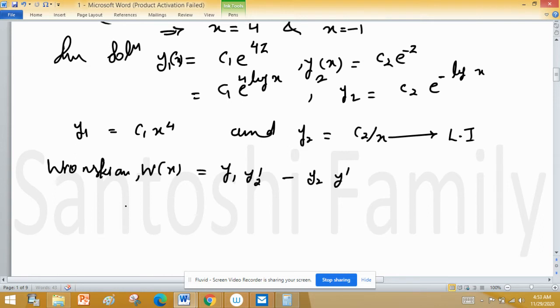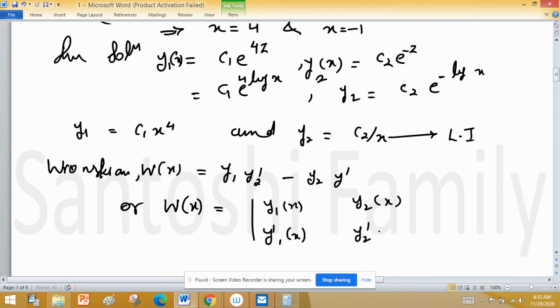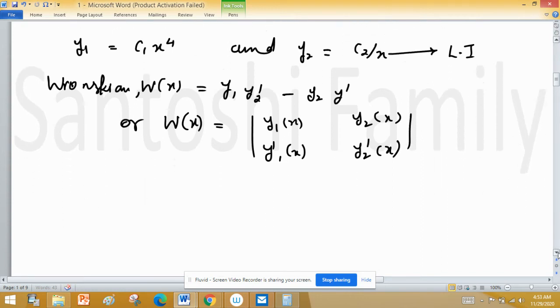This is the Wronskian, or you can write the Wronskian function in terms of a determinant with y1(x), y2(x) and their derivatives. So these are alternate forms of the Wronskian.